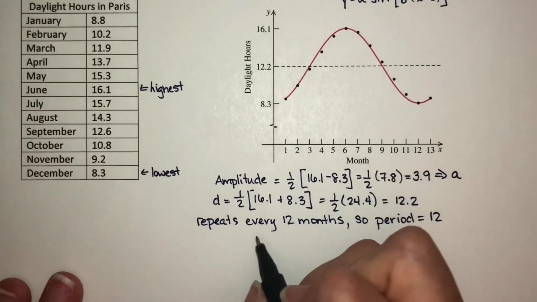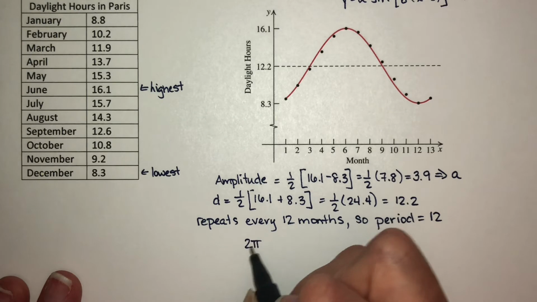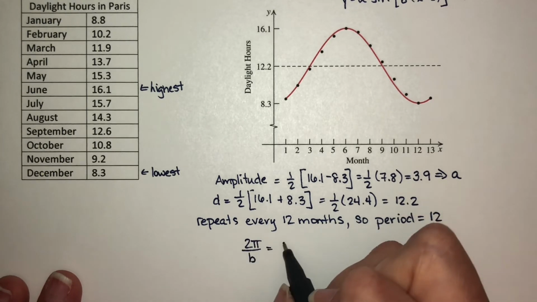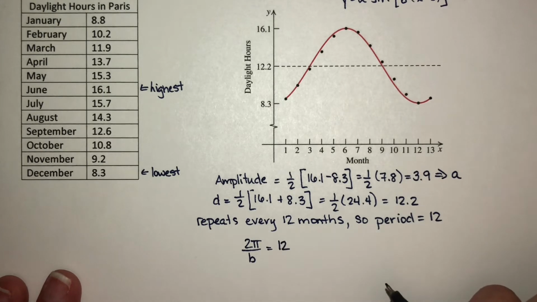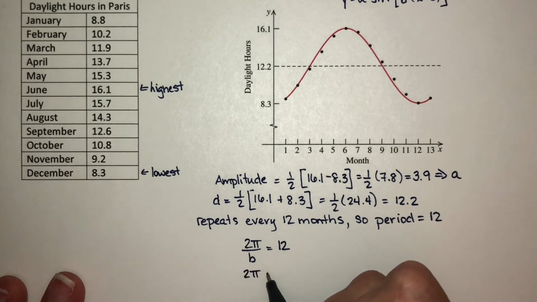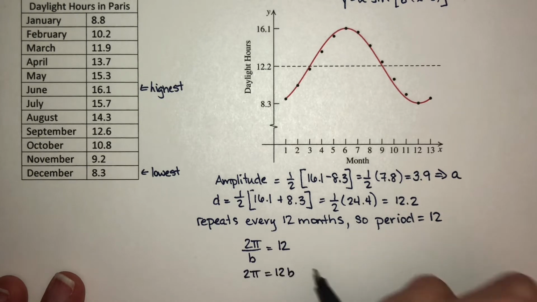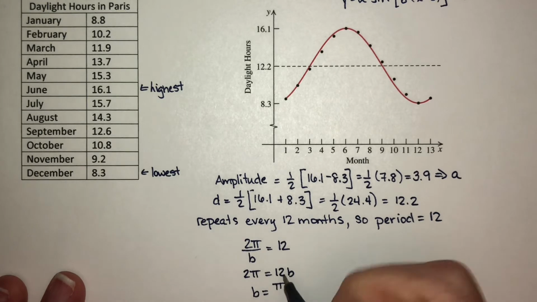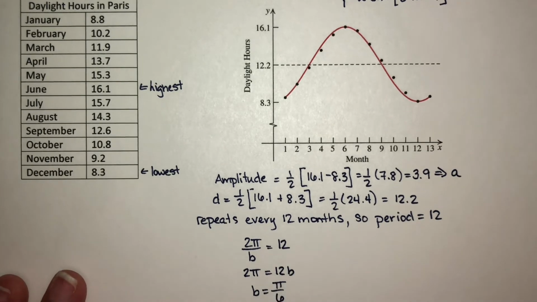The formula for period is 2 pi over b, and that has to equal 12. So 2 pi is equal to 12b, and solving this, you get b is equal to pi over 6.